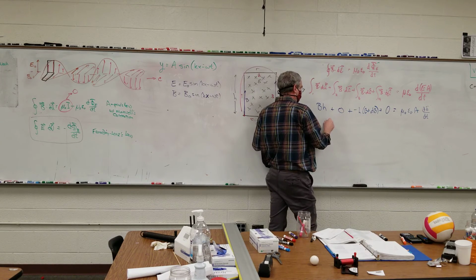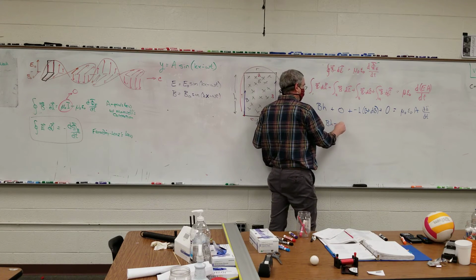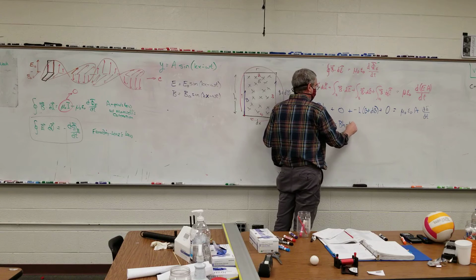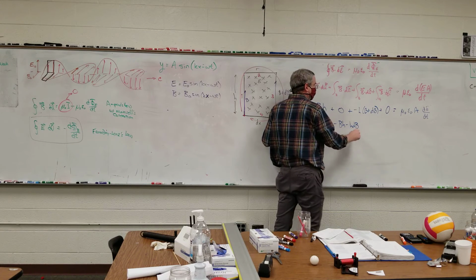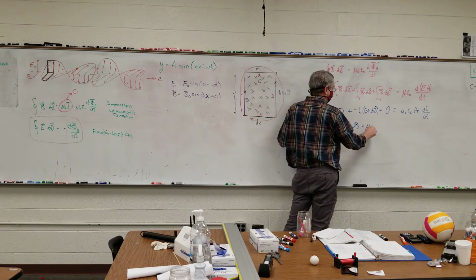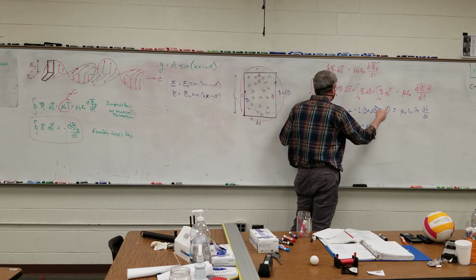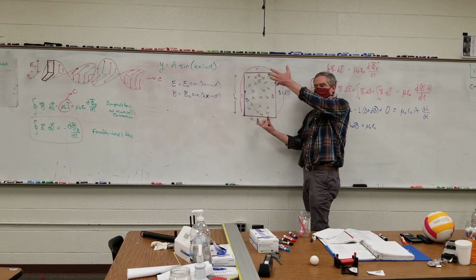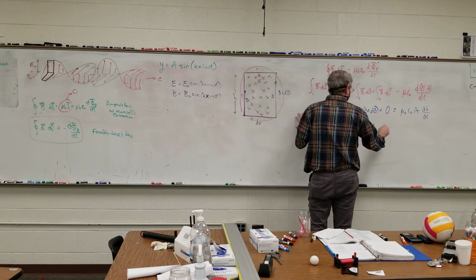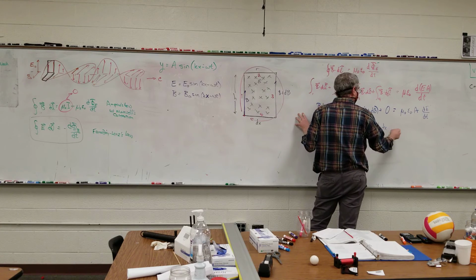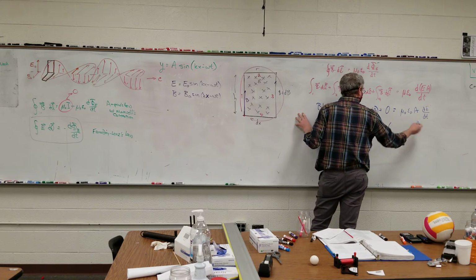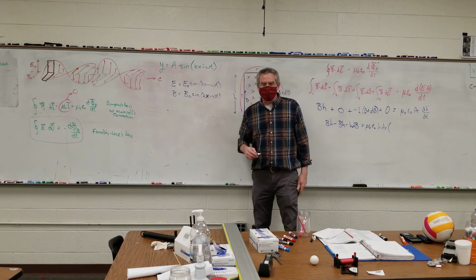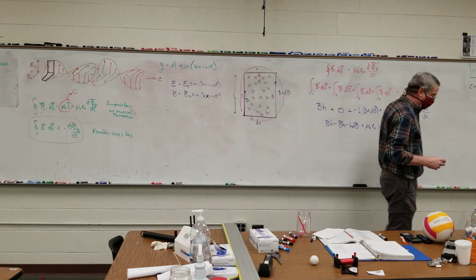And so we get BH minus BH minus HdB equals mu naught epsilon naught times my area, which is the physical area of my virtual rectangle here, which is h dx, times, well, what is the derivative of the electric field with respect to time?